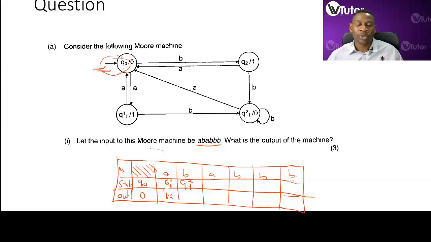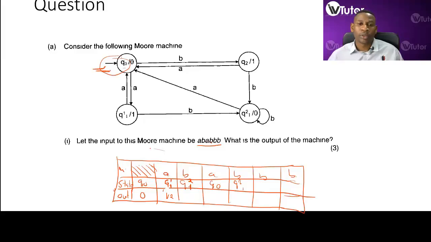Then if you're in Q2 and read an A, you go to Q0. Now we are in Q0 and we encounter B, go to Q2.